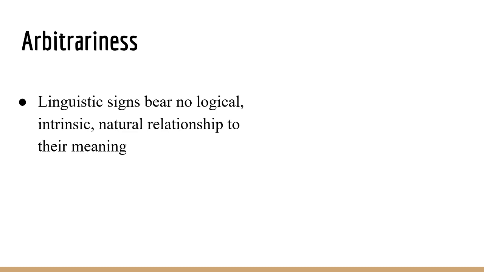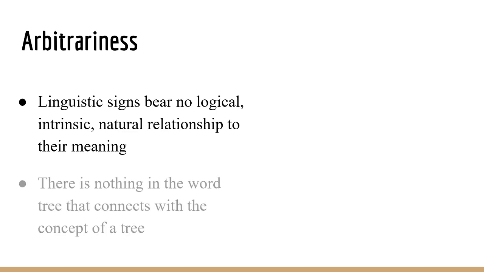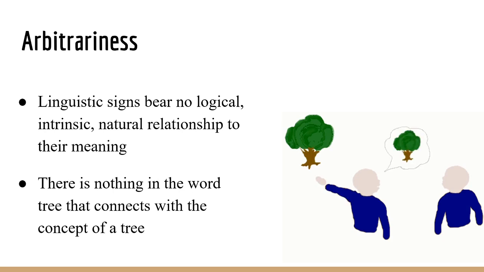When we say or write a word, we get a mental image of that word. For example, tree. There is nothing in the word tree that connects with the concept of tree. The connection that we make between the word and the meaning is because of social convention and not because the word has meaning in its nature.